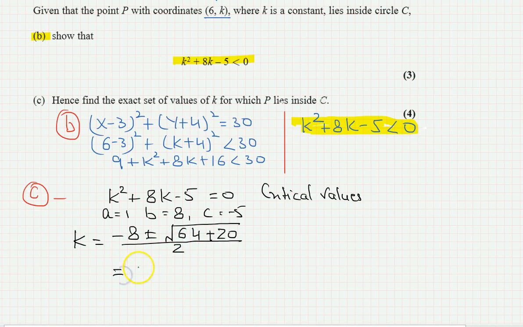So that will be minus 8 plus minus root 84 over 2. Root 84, 21 times 4 is 84, so 4 will come out as 2: minus 8 plus minus 2 root 21 over 2.